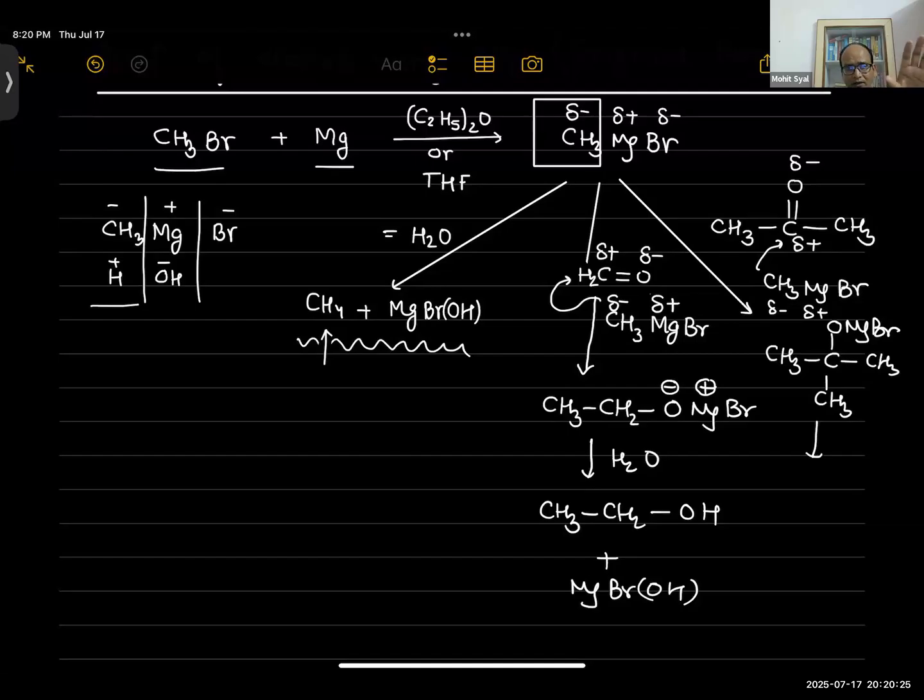Now we already have the single bond oxygen. How to get an alcohol? What is the last step which we need to do? Aisha, Jasleen, Marwa, tell me what is the last step? React it with water. That O minus will become OH. Got it?